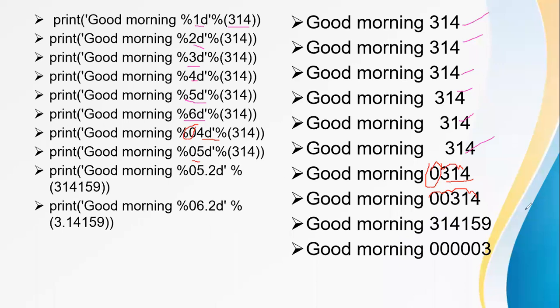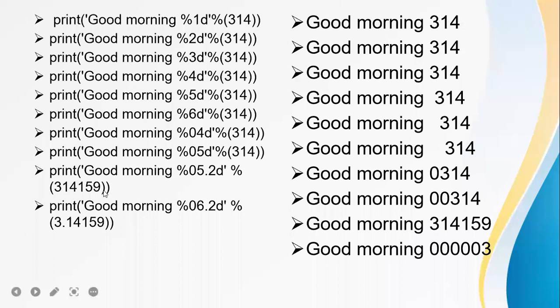0, 5.2D. So 0, 5 is nothing but 0, 3, 1, 4, 5. That is 0, 0, 3, 1. Point 2D is 3, 1, 4, 1 of point 2D.